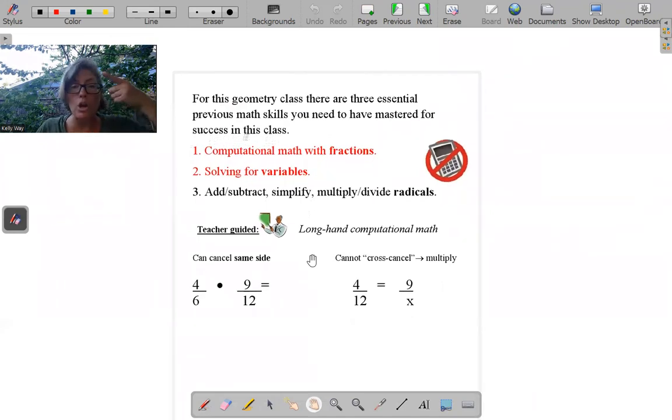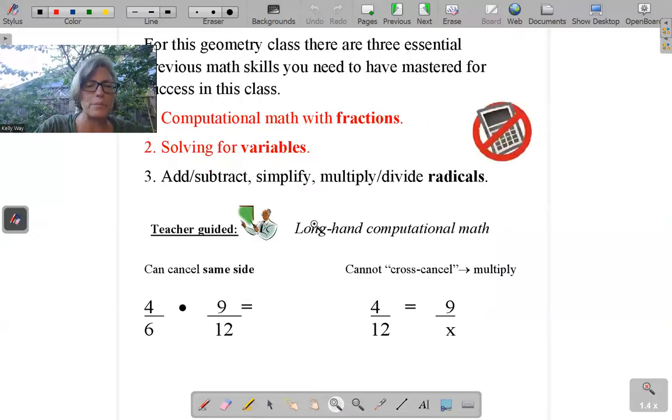Those 3 skills are computational math, including fractions, solving with variables, and add, subtract, multiply, divide with radicals. This video is going to focus on the first 2, working with fractions and variables.